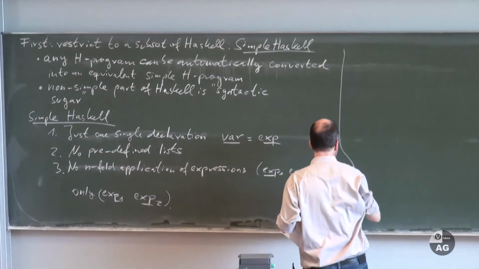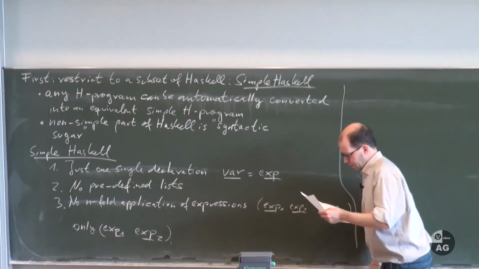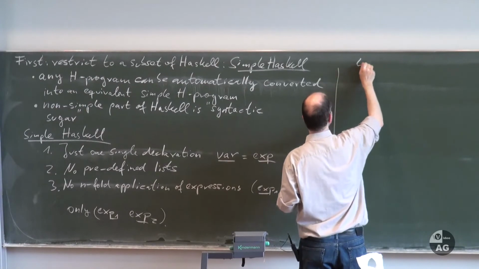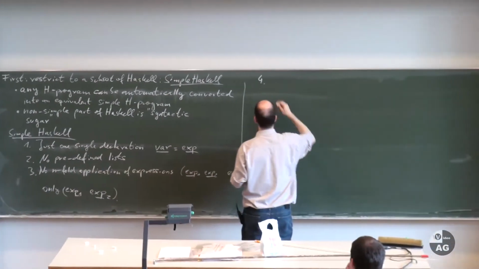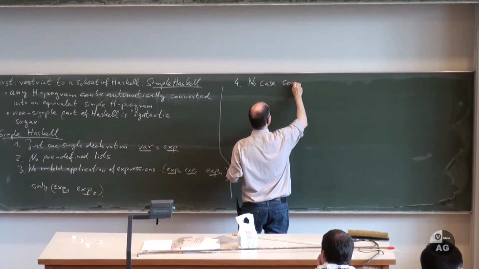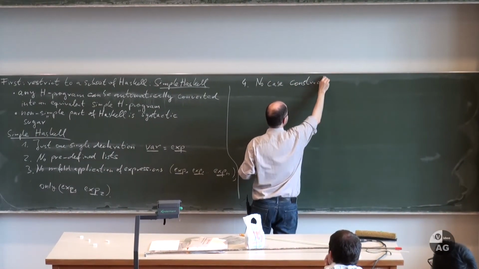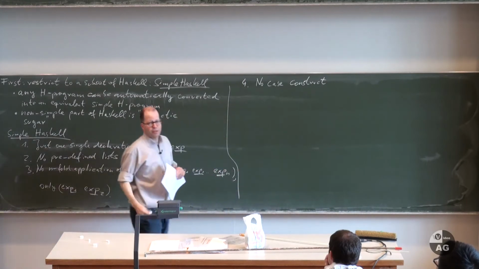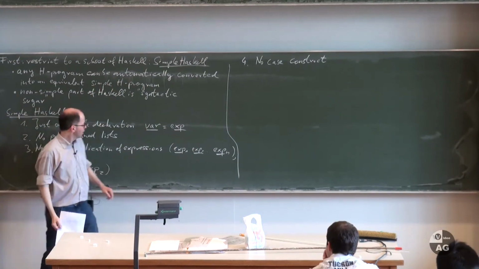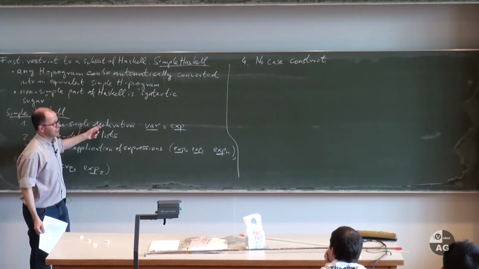The next one again looks rather restrictive. Namely, we disallow the case construct. Now maybe you never use the case construct when programming yourself, so this doesn't look very harmful to you. But what you typically do is use several declarations.